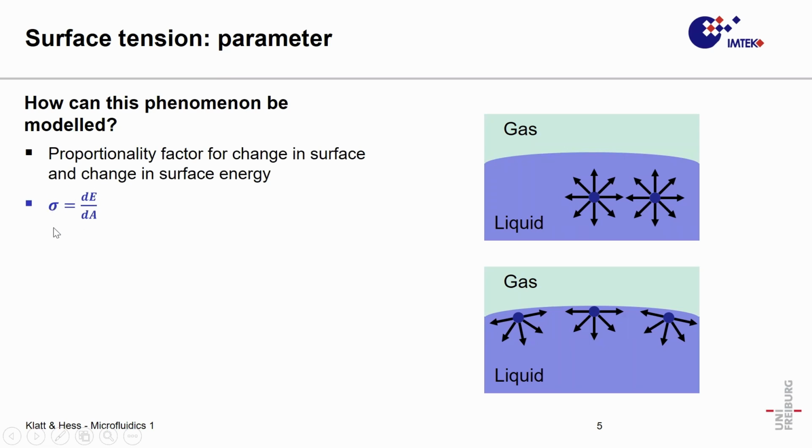And here in this equation, you can see on the right-hand side the change in surface energy divided by the change in area. If you now insert typical values for both parameters, you will see that the unit of the surface tension is Newton per meter.